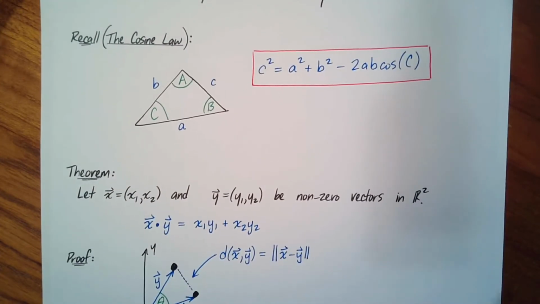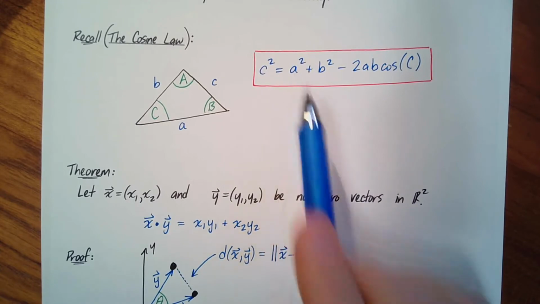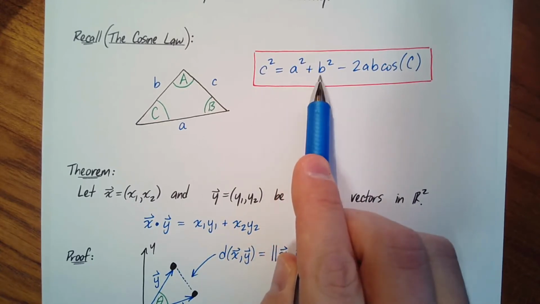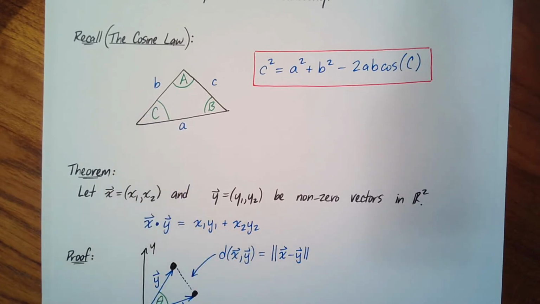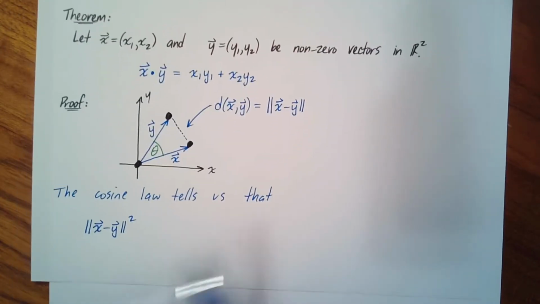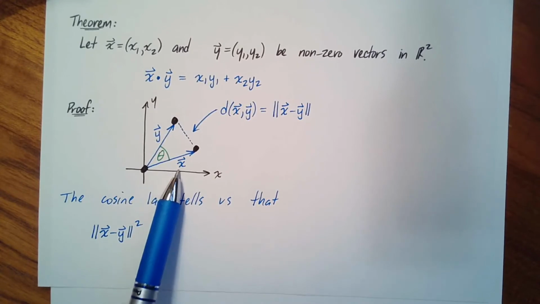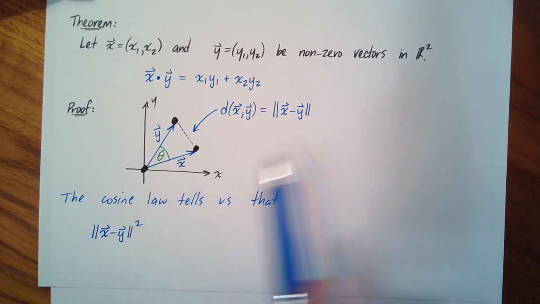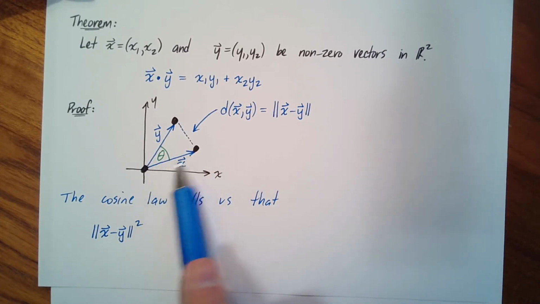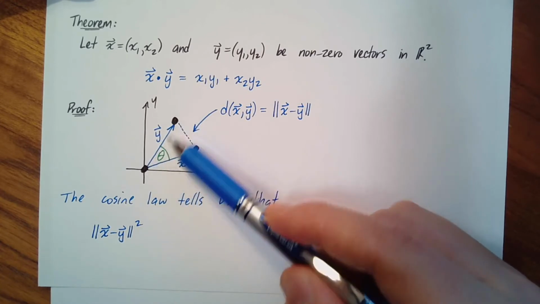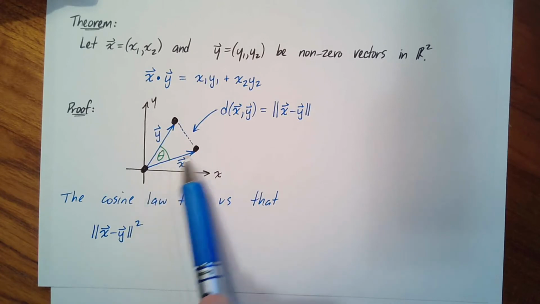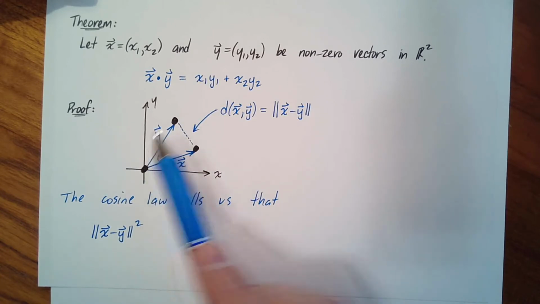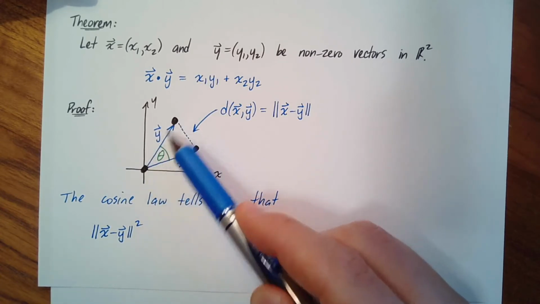So what's next? Now, on the right-hand side, we're going to have a squared plus b squared. So that's the sum of the squares of these two sides. Well, what is that over here? A is this length, right? And b is this length. So this length is actually going to be the norm of x, which tells us how far apart these points are, and then the norm of y is going to tell us how far apart these points are.